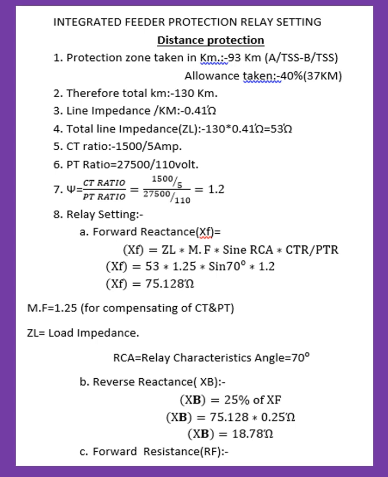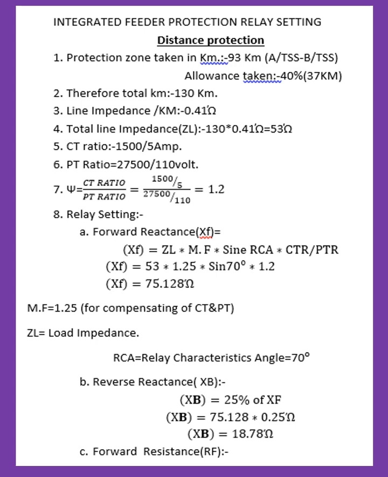So what is forward reactance? It is ZL, impedance of the line, into multiplying factor, into sine of relay characteristics angle, into CTR by PTR. Why is it so? You try to understand it later; next day I will discuss why this formula comes. So XF is how much? Our impedance found out is 53 ohm for single line, and the multiplying factor is 25%, that is 1.25.